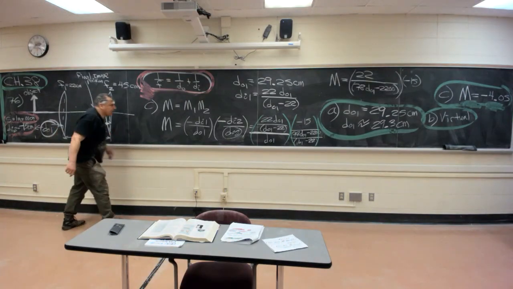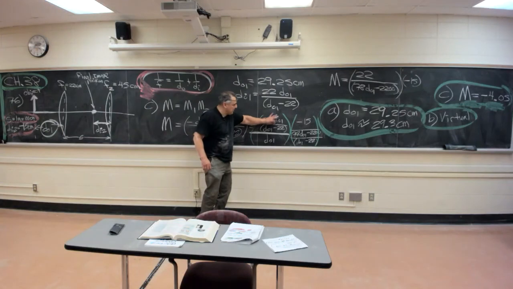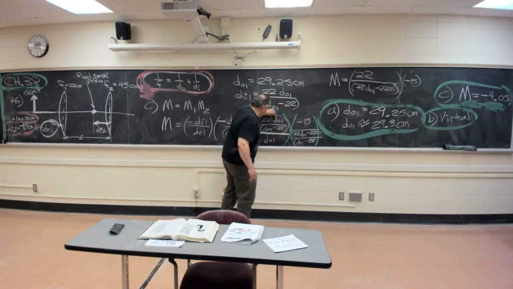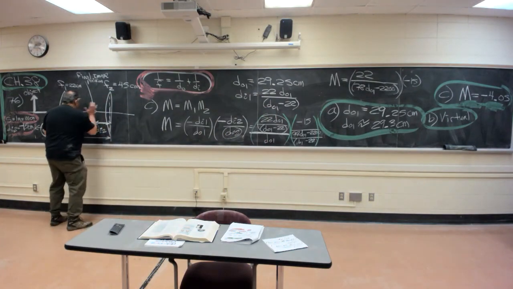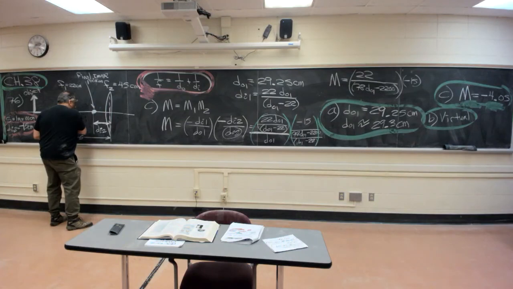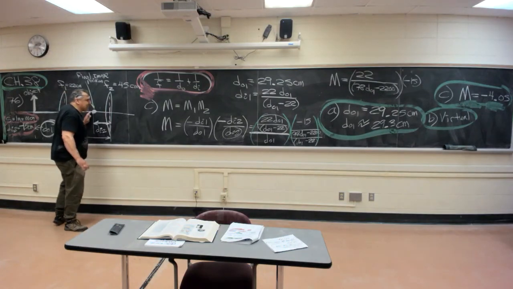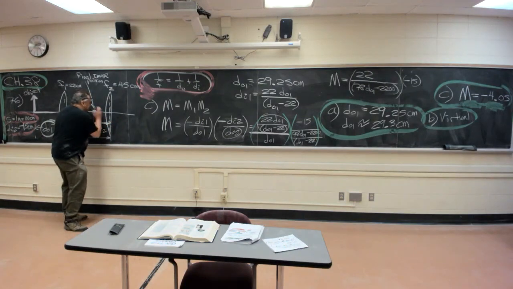If you take this number on top and subtract it from 100, we get the distance that DI1, which is also equal to DO2, is in front of F2.